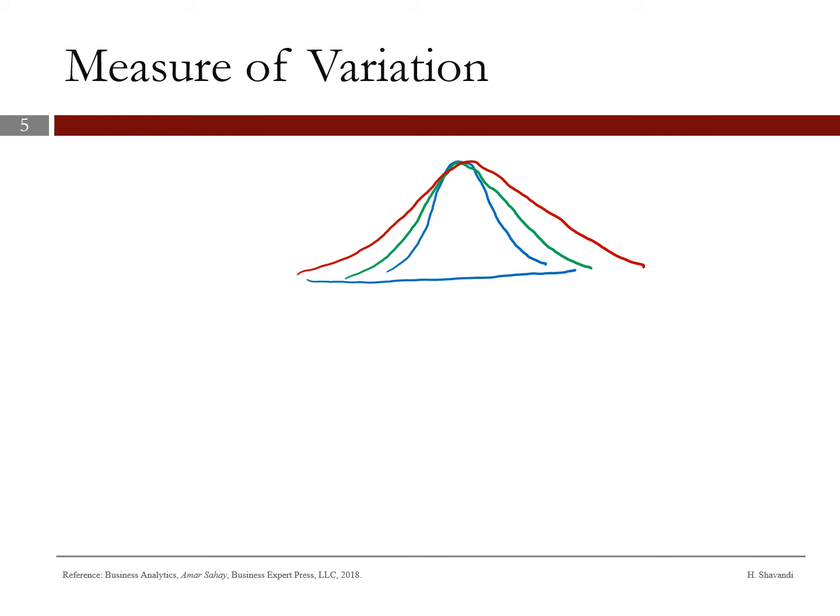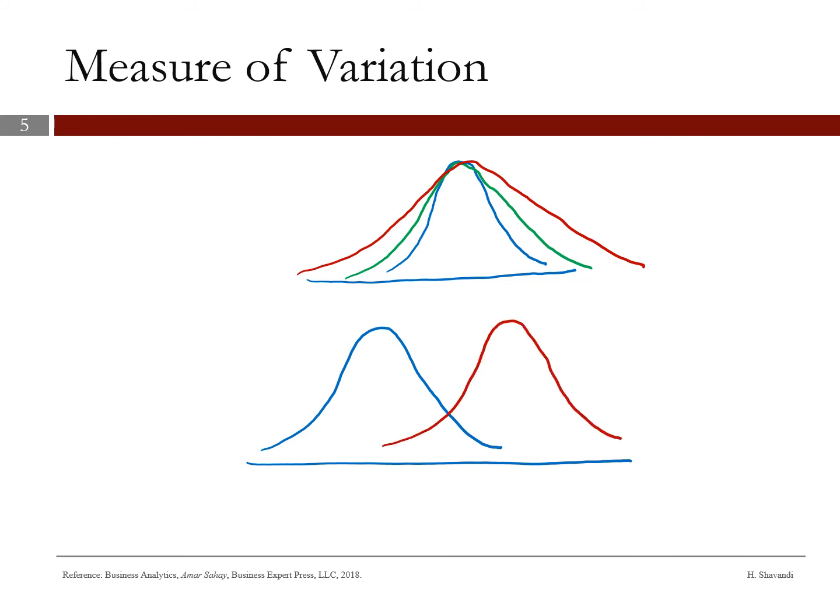Okay, or another case here, let's see two data sets like this. So here, approximately, we can say the standard deviation or the measure of variation among these two data sets are almost the same.